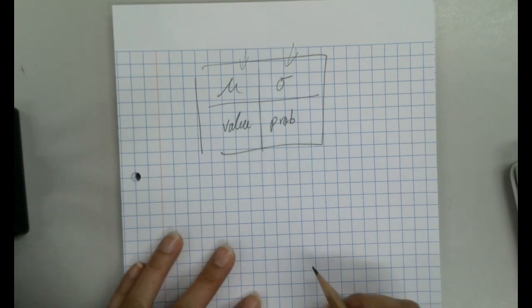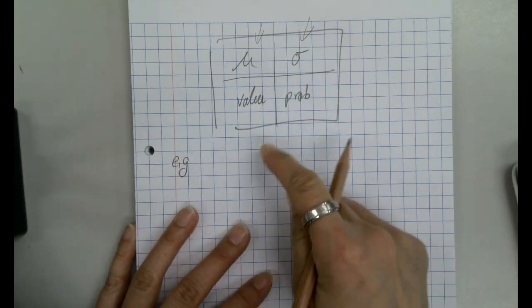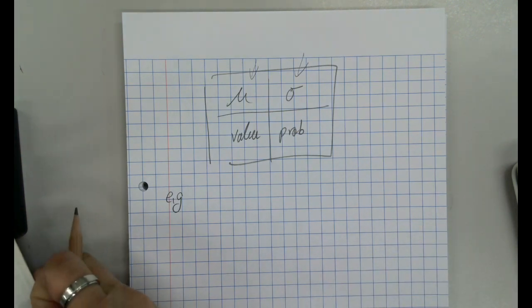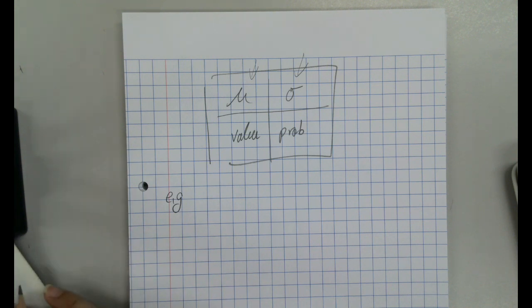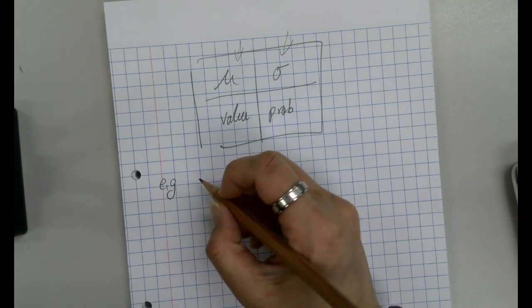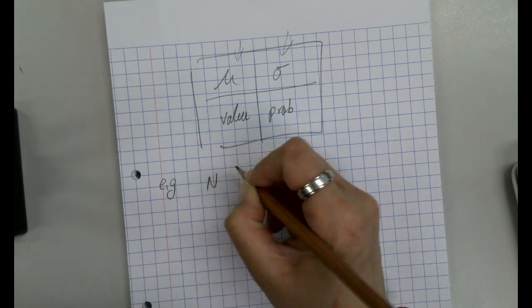So let's have an example with those. This time we do not have either one. Let's start with something pretty basic. For example, a normal distribution.